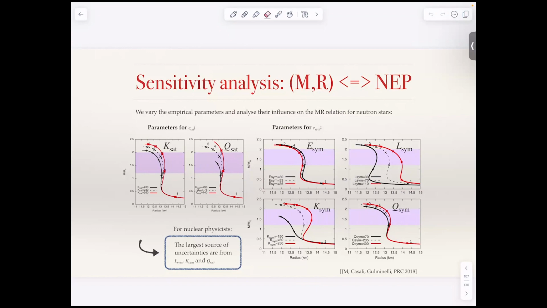If it is data on finite nuclei, everything at twice saturation density is an extrapolation. It's not in the data. It is beyond the data. Okay, so this is what I want to stress.